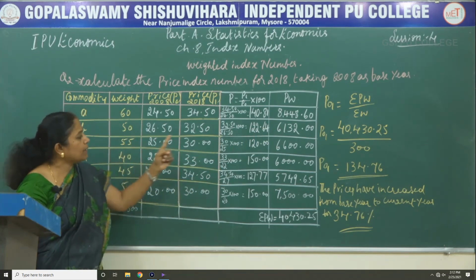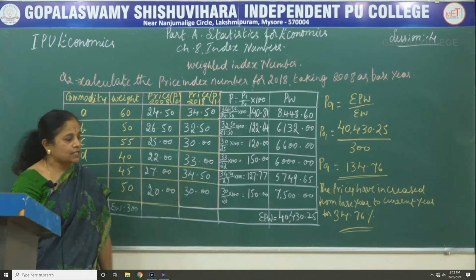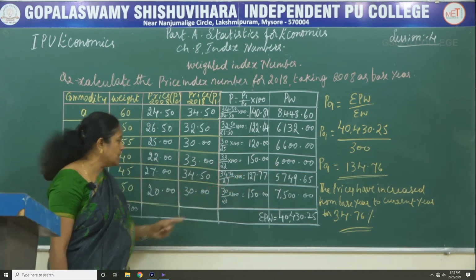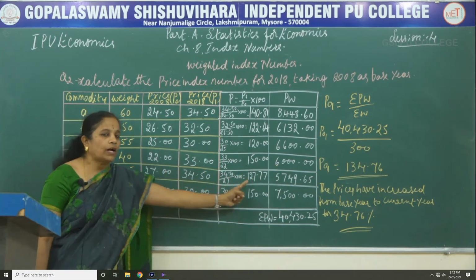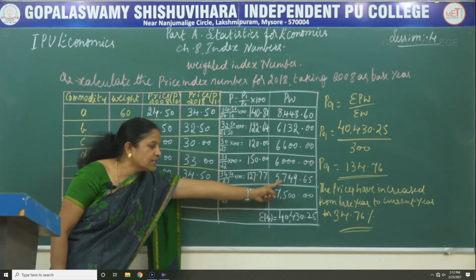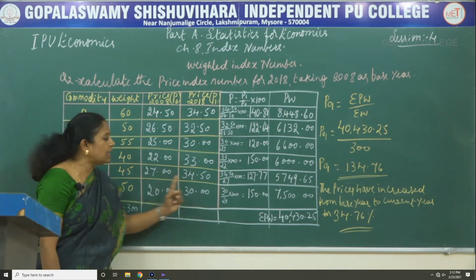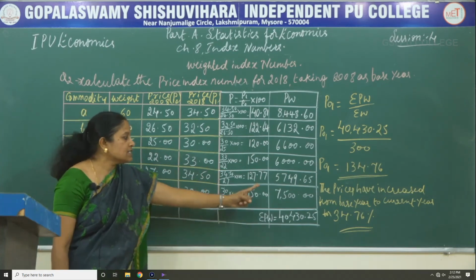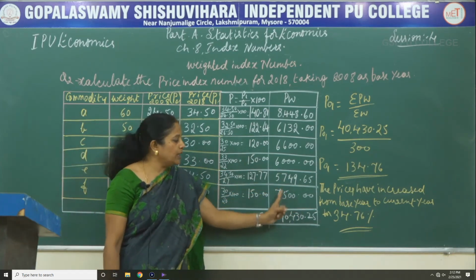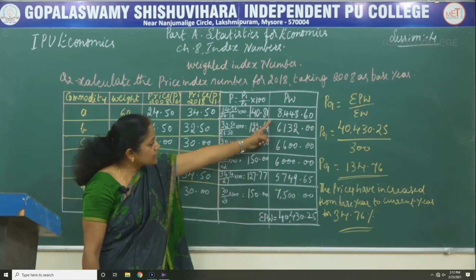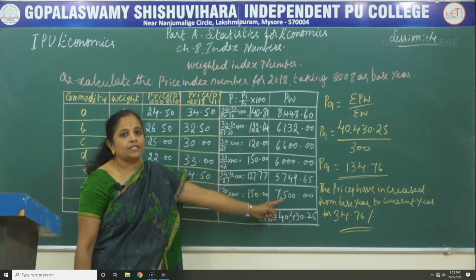And 55 multiplied by 120 is 6600. 40 multiplied by 150 is 6000. 45 multiplied by 127.77 is 5749.65, and 50 multiplied by 150 is 7500. So we obtain the individual price weights now. So we have 6 individual price weights.